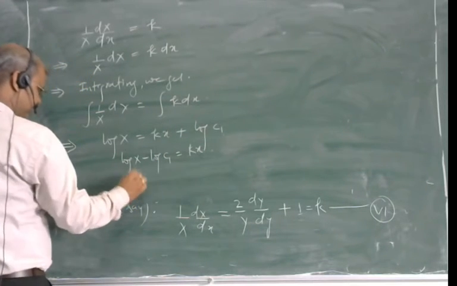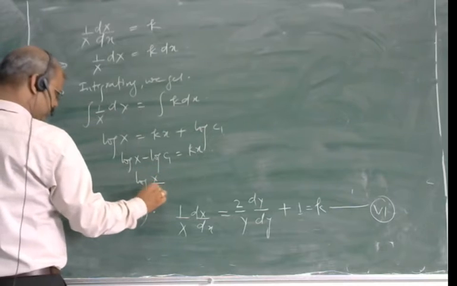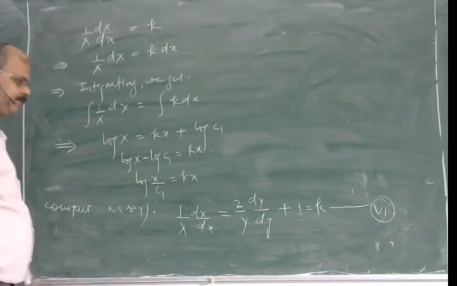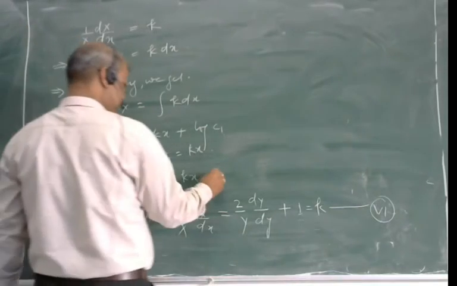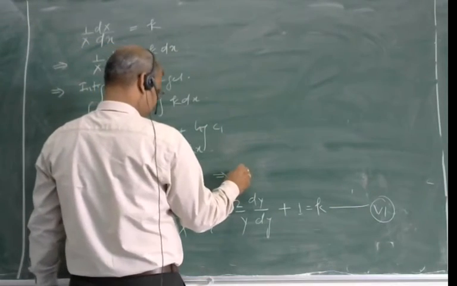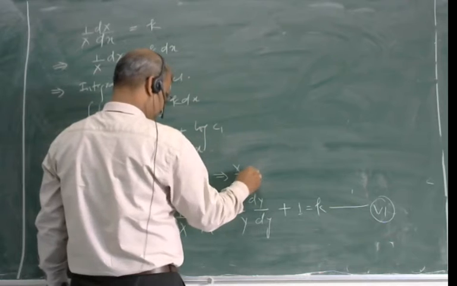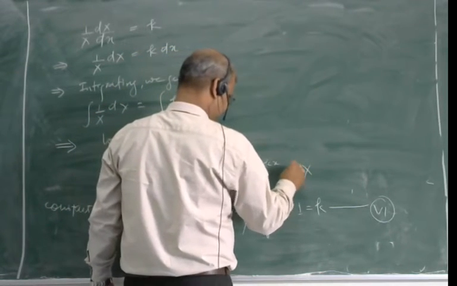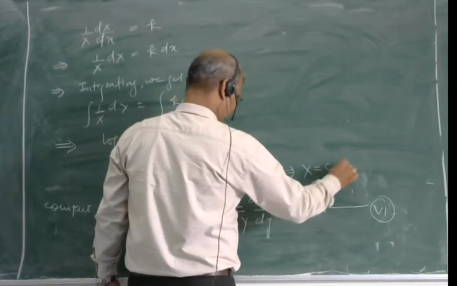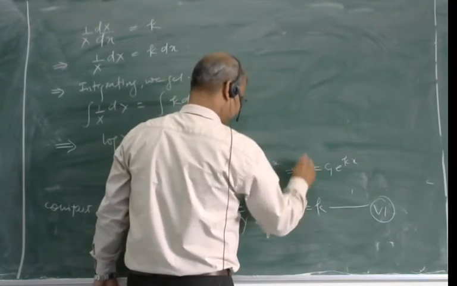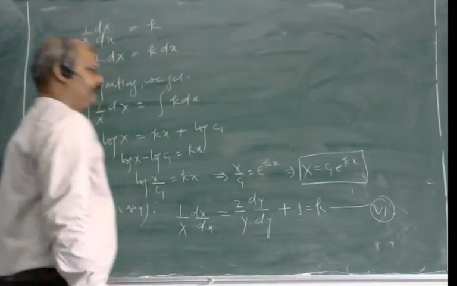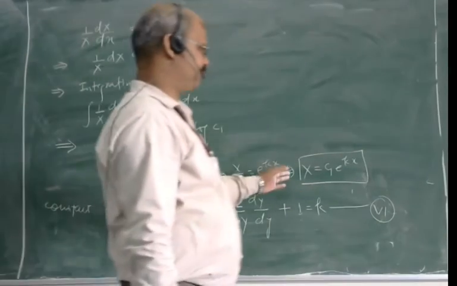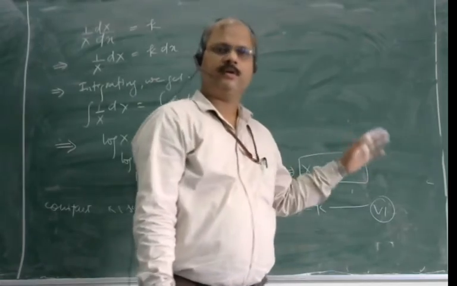So this becomes log (X/c1) equal to kx. This implies that X/c1 equals e to the power kx. Now X equals c1 e to the power kx. This is the solution of capital X in terms of small x.